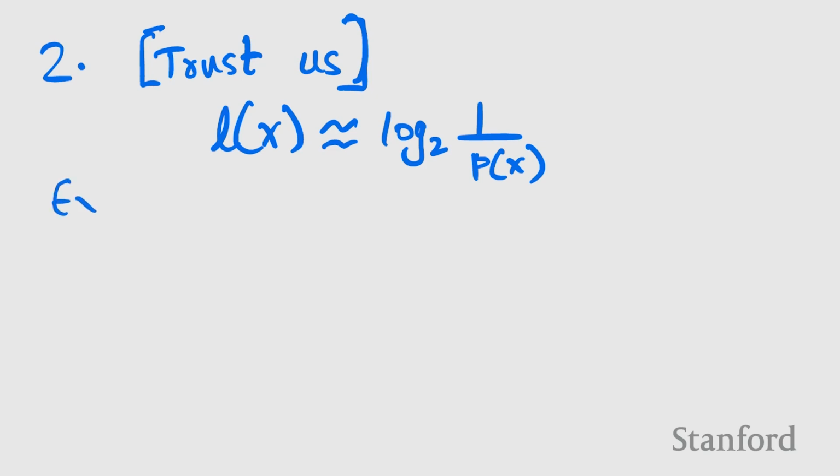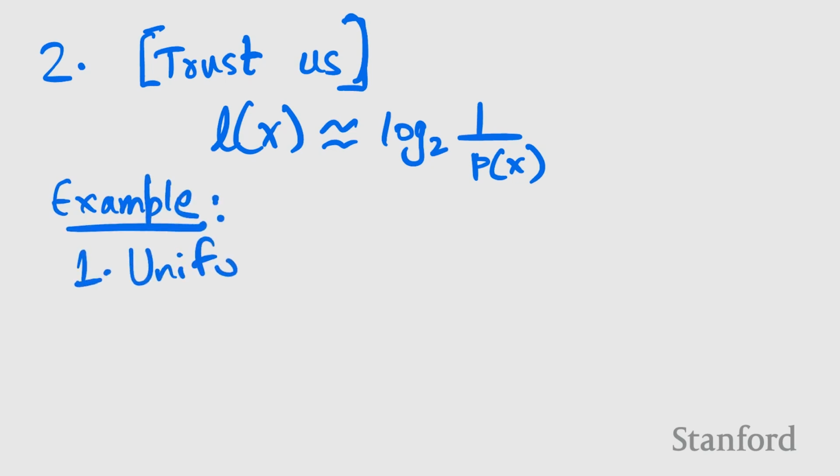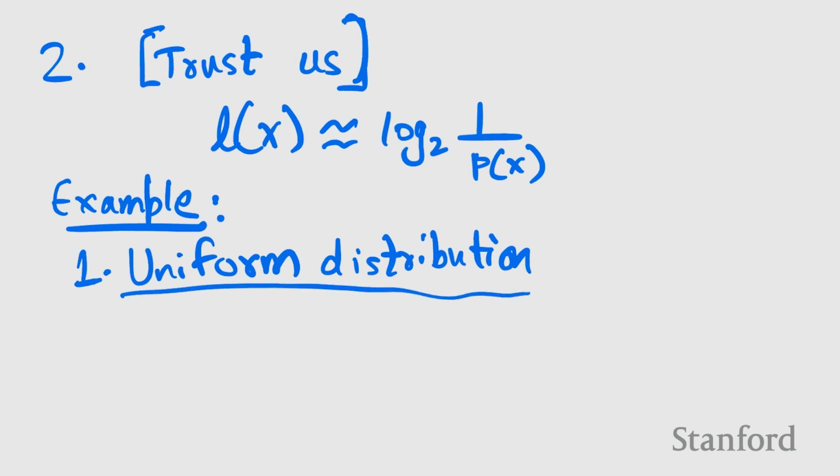Let's do an example. Uniform distribution, the simplest distribution. Let's say you just have A and B with probability half each.